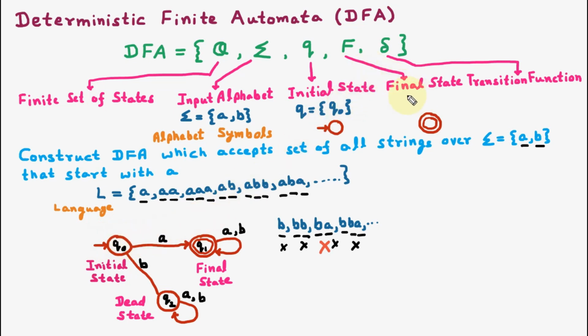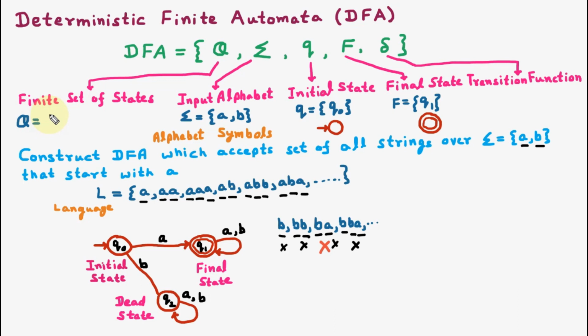The next element is the final state. The final state is the state where the string will be accepted, and it is represented by the double circle. Here in the DFA we have Q1, which is the final state. So I am representing F as the set of final states, and the final state is only Q1, so inside the set I put Q1. The next element of a DFA is Q, which is the finite set of states.